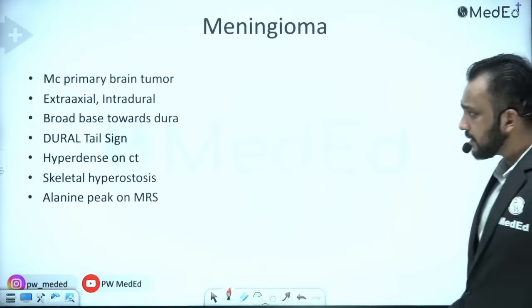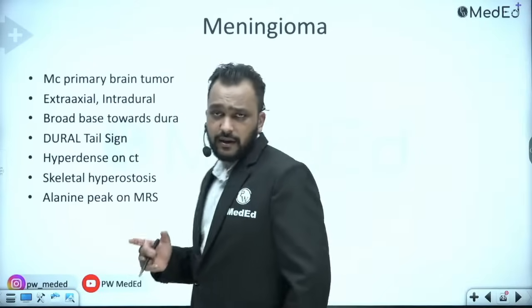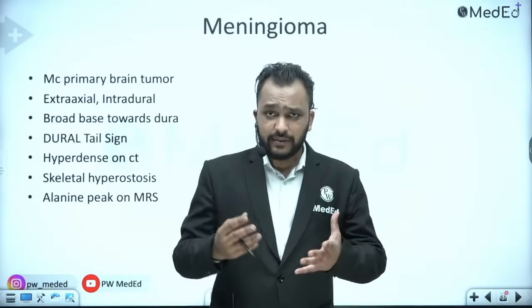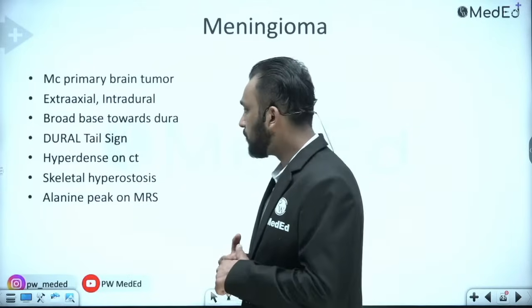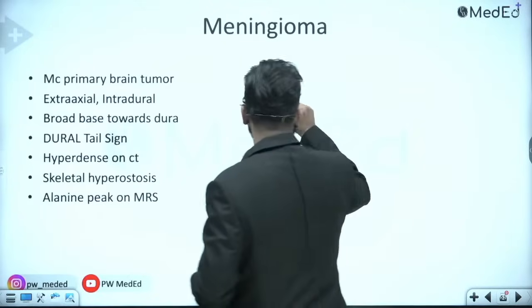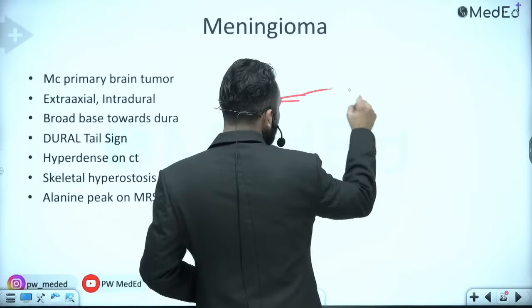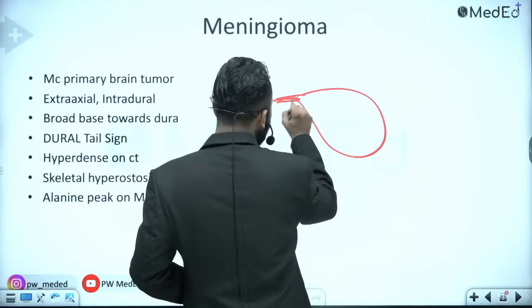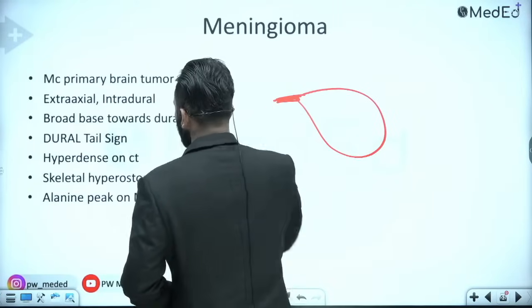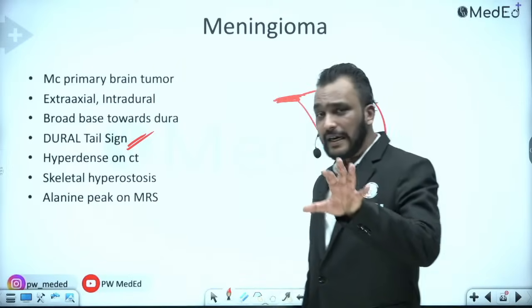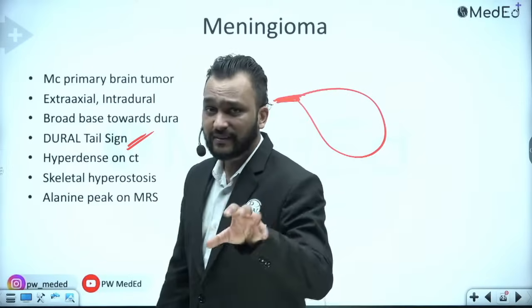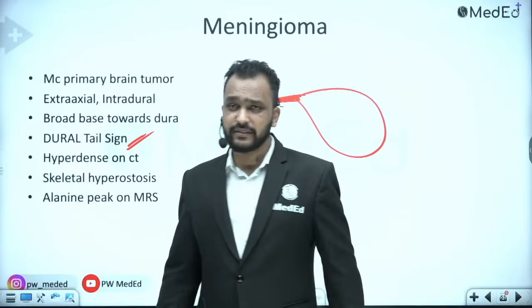So what are the other signs that you can see on NCCT head? You will see that there will be hyperostosis of the underlying bone in a patient with meningioma. There will be enhancement of the dural tail. This is known as dural tail sign. And this meningioma will appear hyperdense on NCCT head.